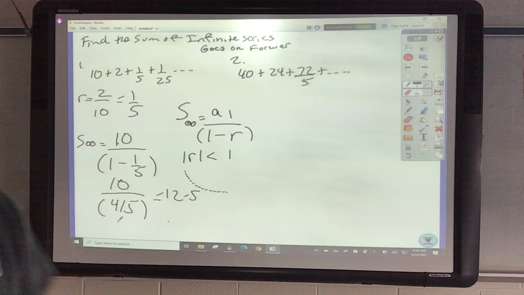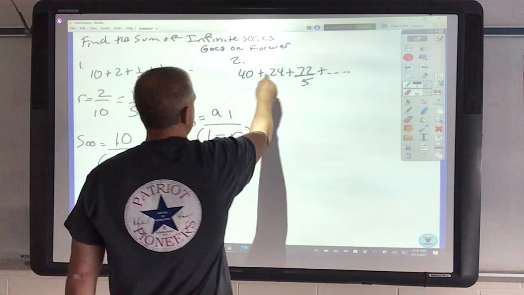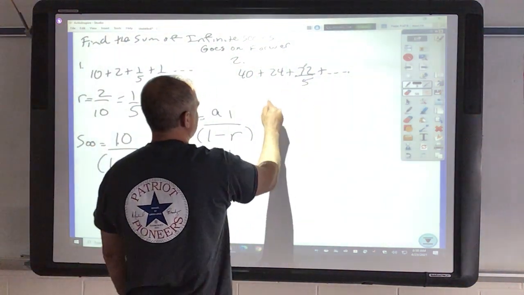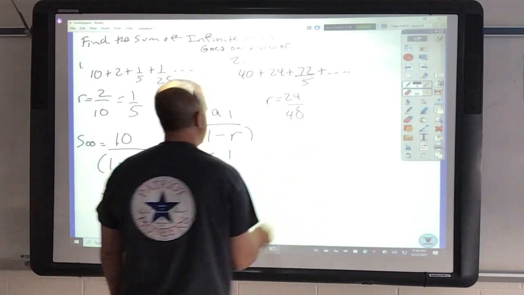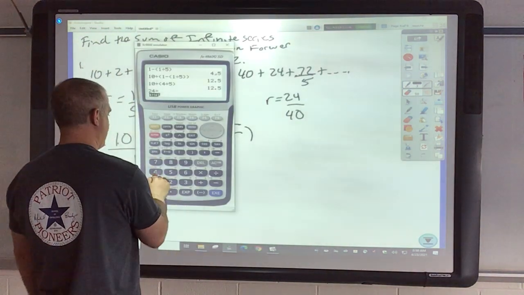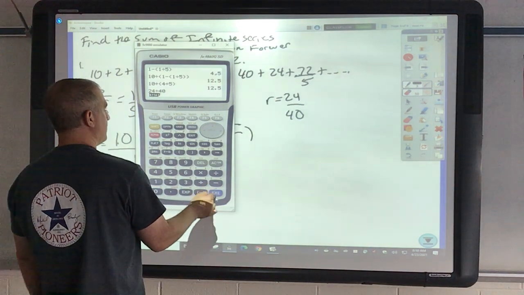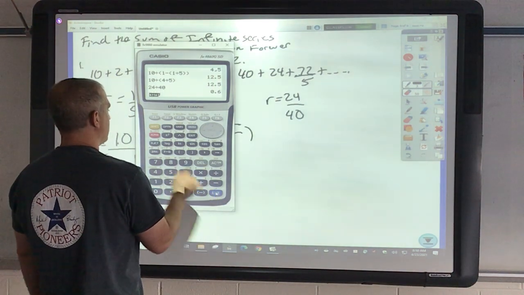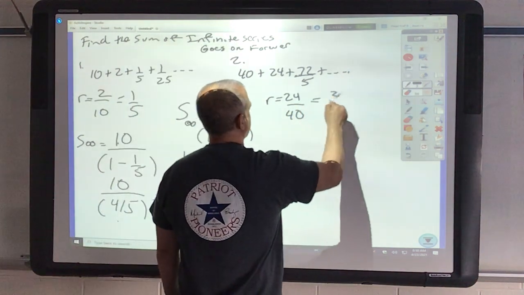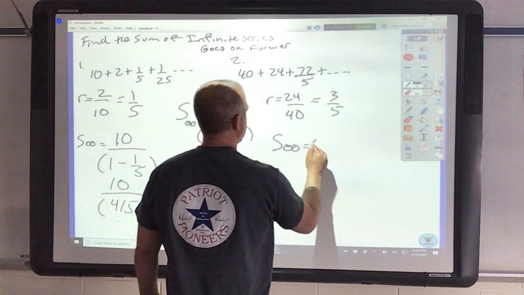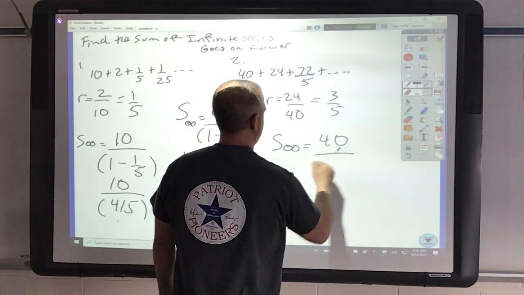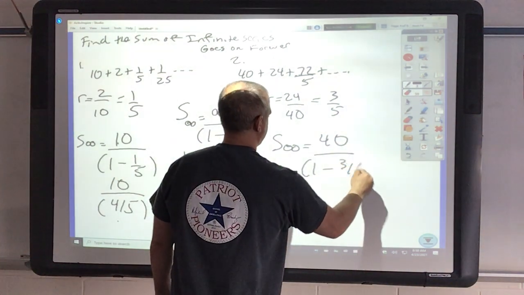So, all right, pretty simple. You gotta make sure your ratio is low enough, okay? So obviously this is 16 and that's not 16. So R is 24 divided by 40. 24 divided by 40 is, all right, 3/5. Okay, so S sub infinity would be 40 divided by 1 minus 3/5.